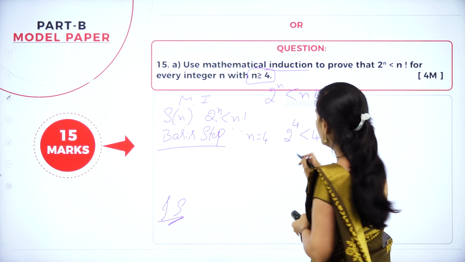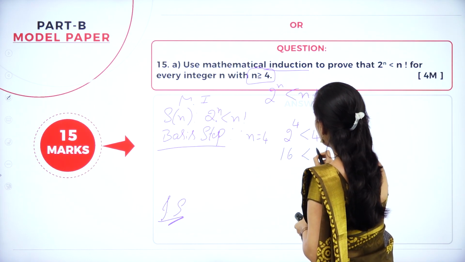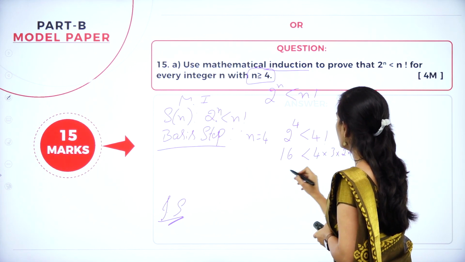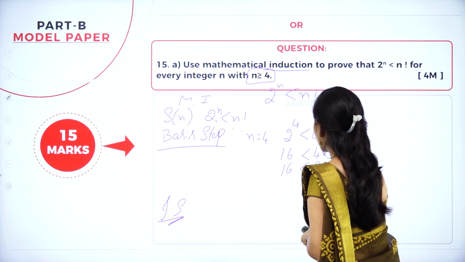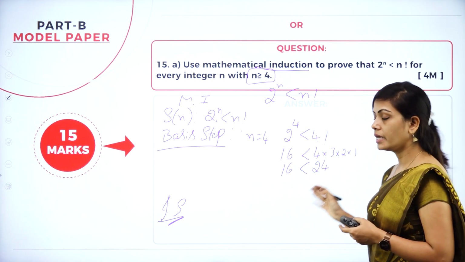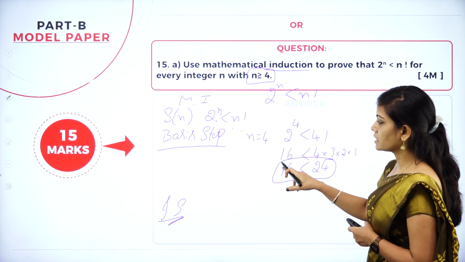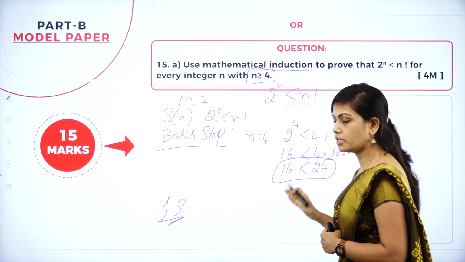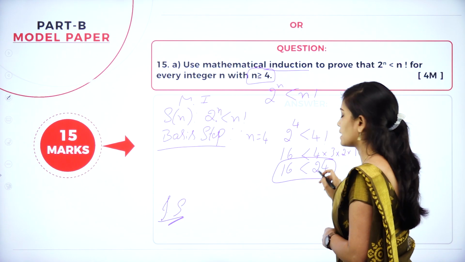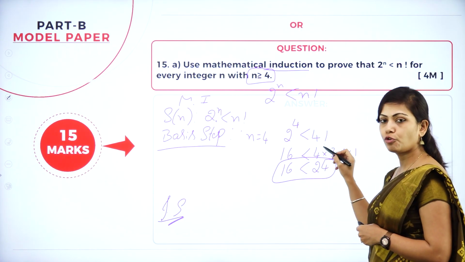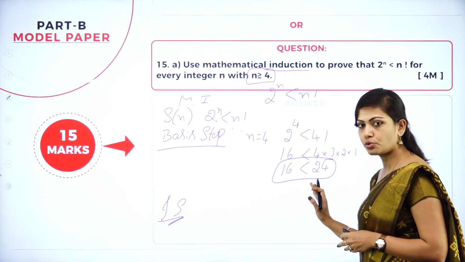What is the answer? 2 power 4 is 16. 4 factorial means 4 into 3 into 2 into 1, which is 24. So 16 is less than 24. Is it right? Yes, the condition is true. So in basis step, you have to prove that the condition is true.